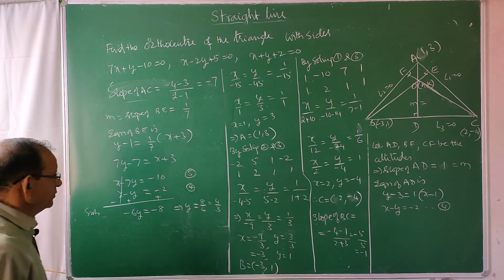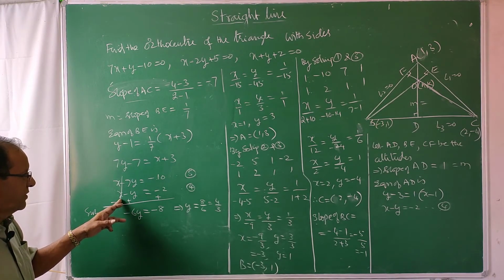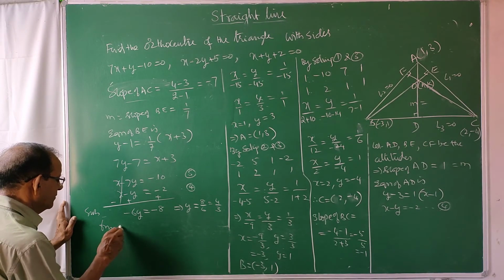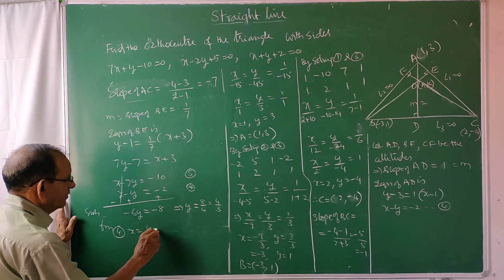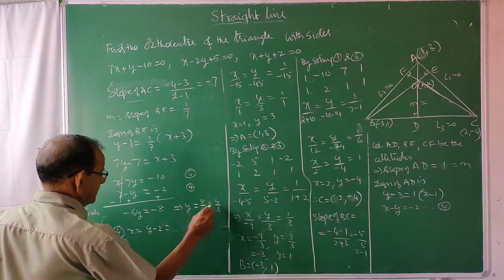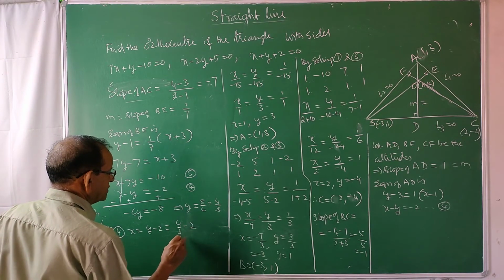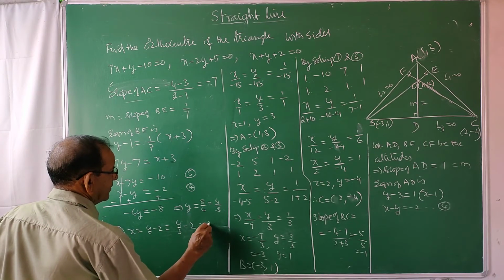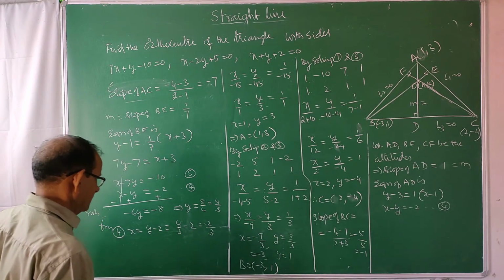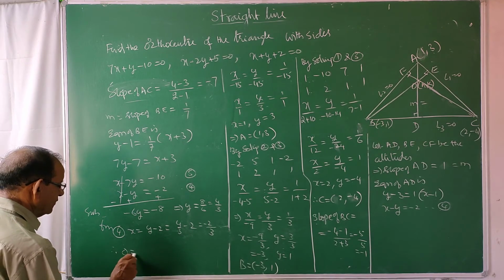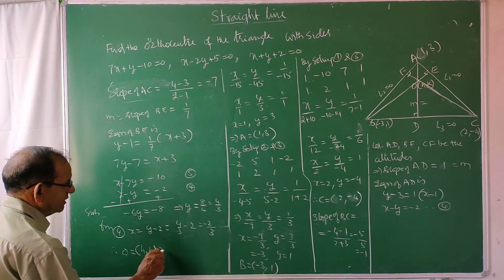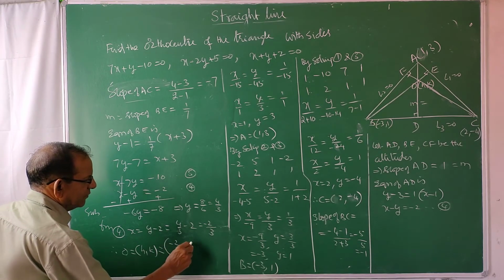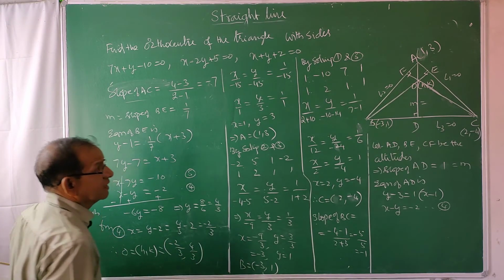So what about x? From 4, x is equal to y minus 2, that is 4 by 3 minus 2, 4 minus 6 by 3, minus 2 by 3. Therefore, orthocenter H comma K is equal to minus 2 by 3 comma 4 by 3. This is the orthocenter.